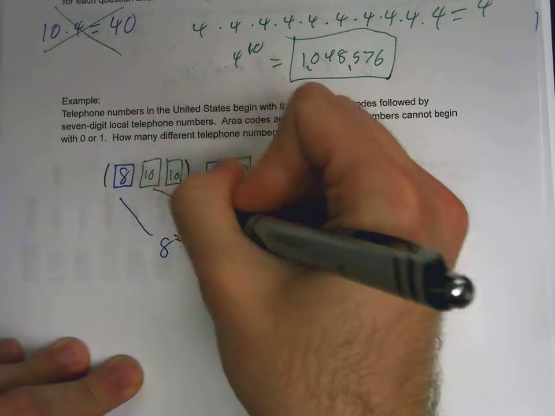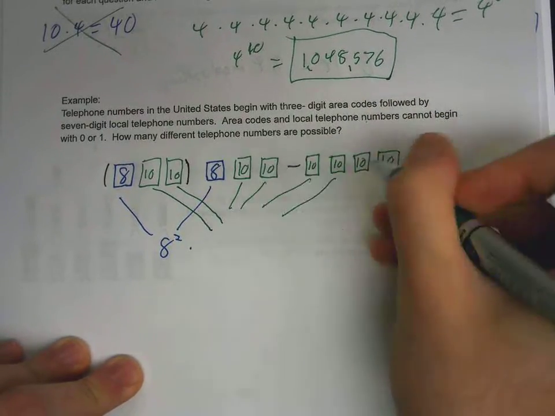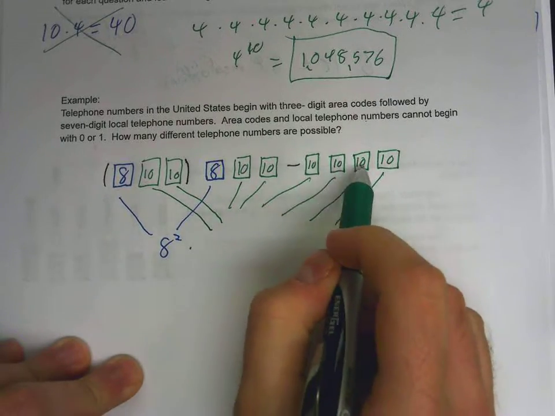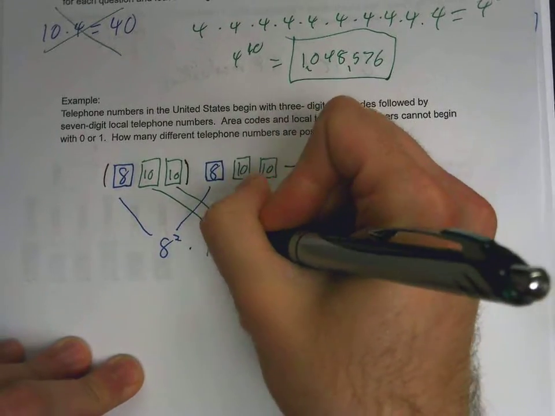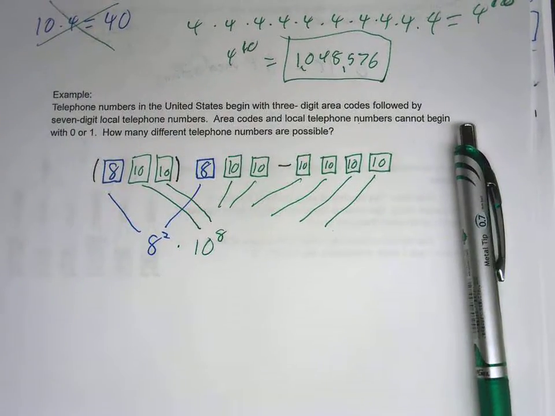Then combine all the 10s into one single thing. We have 1, 2, 3, 4, 5, 6, 7, 8 10s, so it's going to be 10 to the 8th power. That makes it a little bit cleaner. Then when you plug in your calculator, you can do 8 to the 2nd power times 10 to the 8th power.